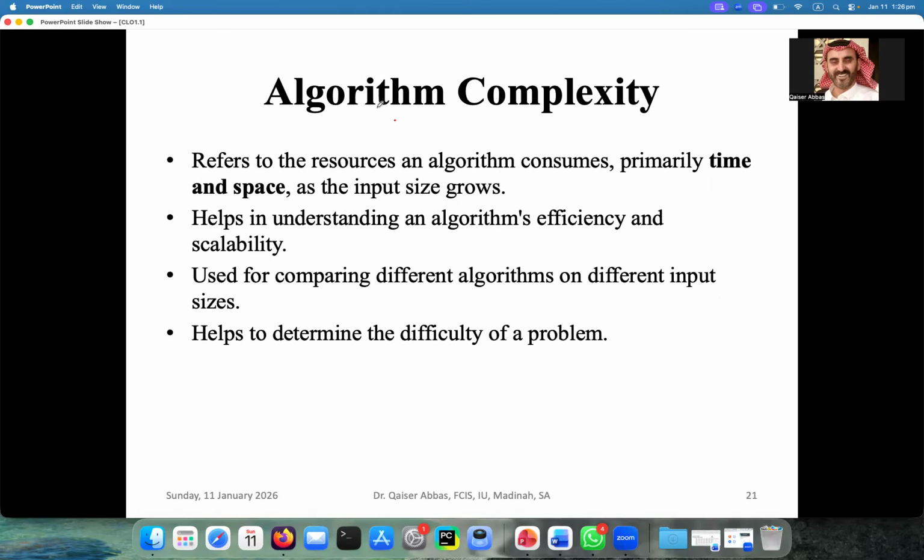Now, the topic is algorithm complexity. Slowly, we will move in that direction, of how we can calculate the complexity of our algorithm.